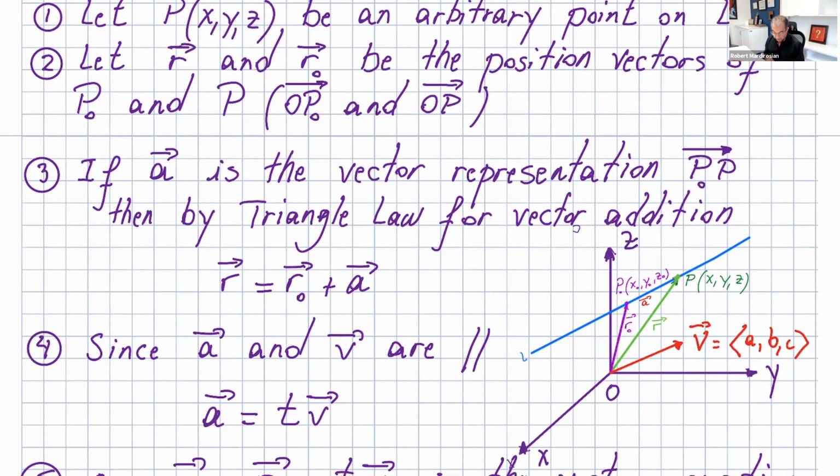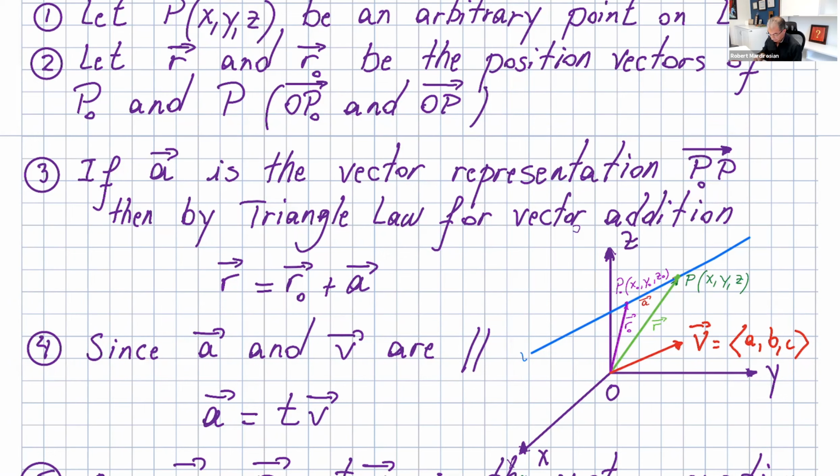Now, number three, let a be the vector going from the point P0 to P. Please watch the previous videos on the triangle law for vector addition.